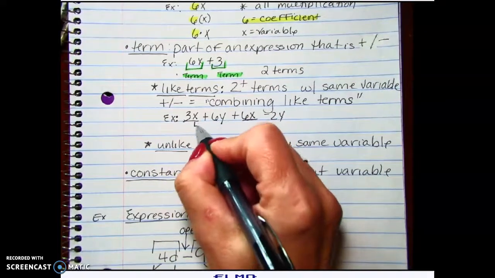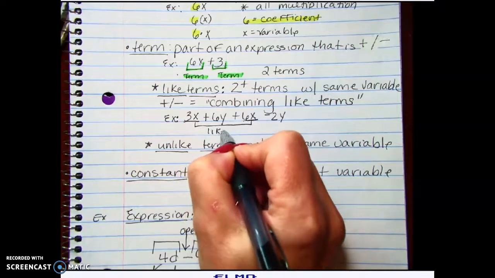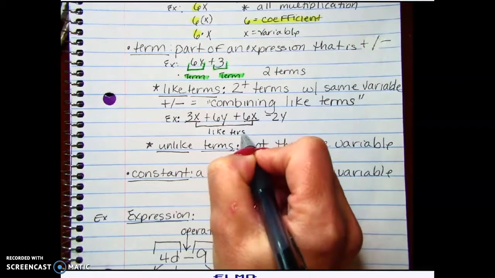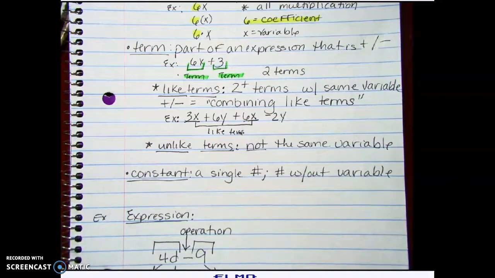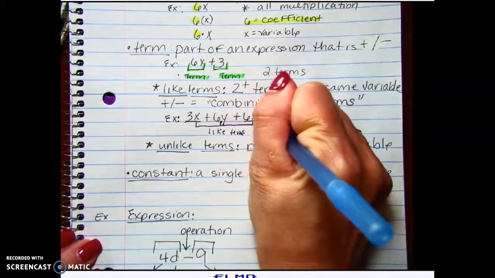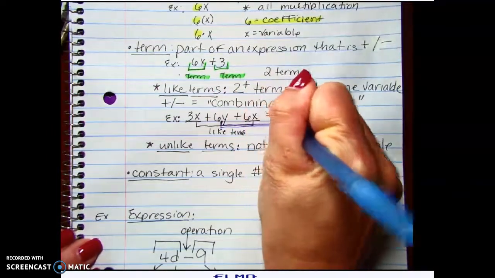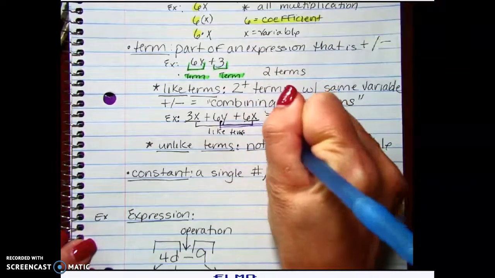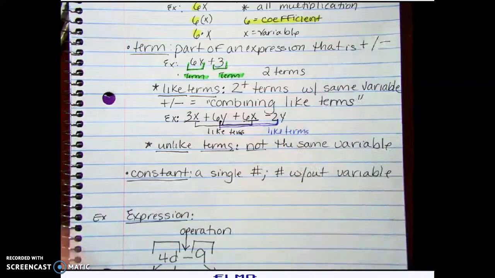So these would be like terms. Then I look for the other set of like terms, and these are like terms. I'm going to highlight them in certain colors.